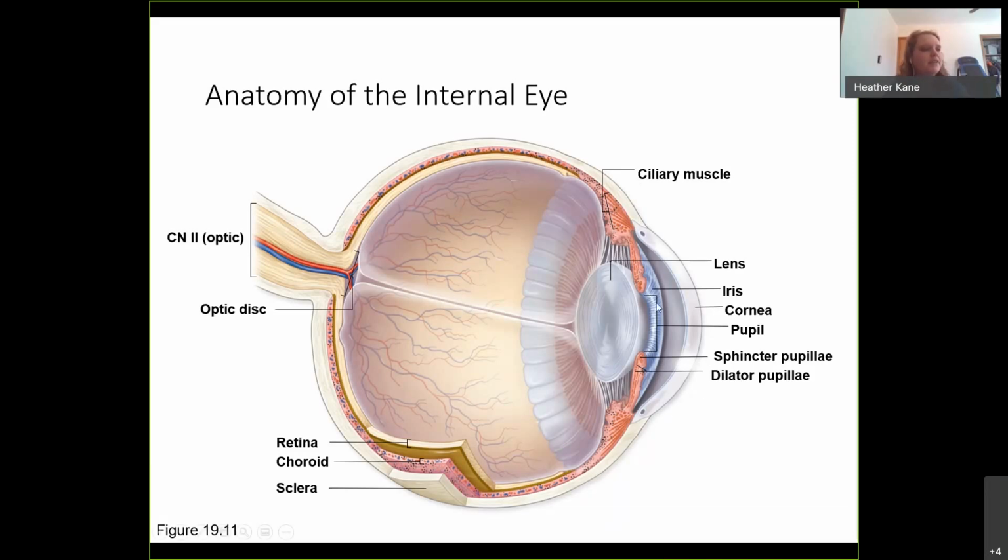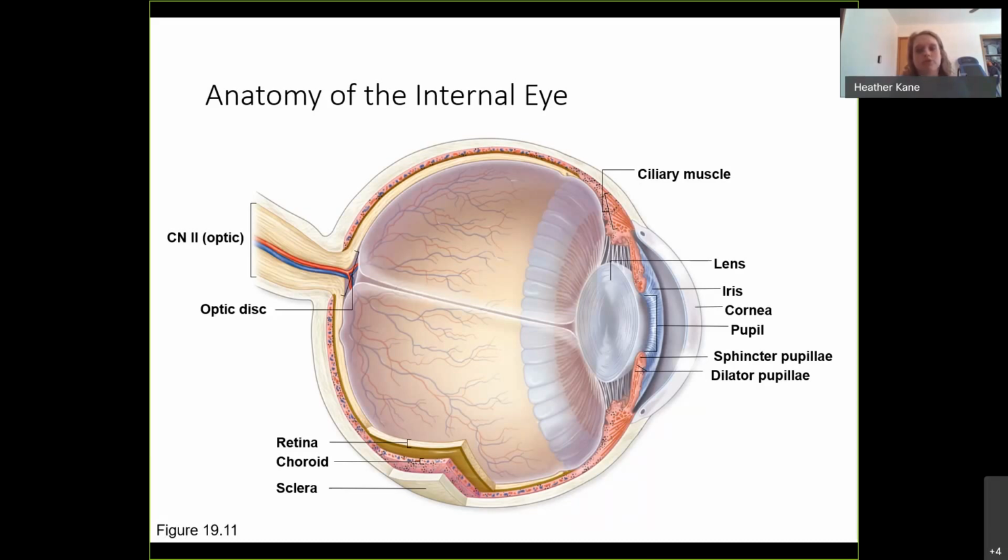So then the iris is going to be that pigmented section here that's made up of those intrinsic muscles. Those intrinsic muscles include the sphincter pupillae and the dilator pupillae. Sphincter pupillae is going to act kind of like a sphincter, and it's going to close that iris to make less light come in, and then the dilator pupillae is going to dilate that pupil.